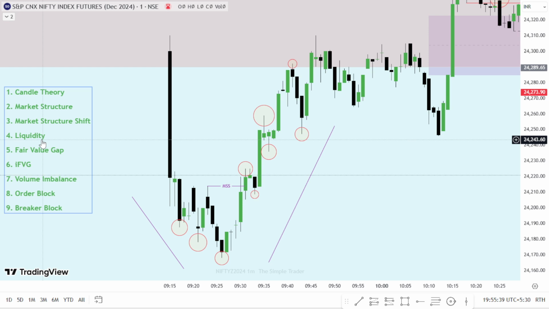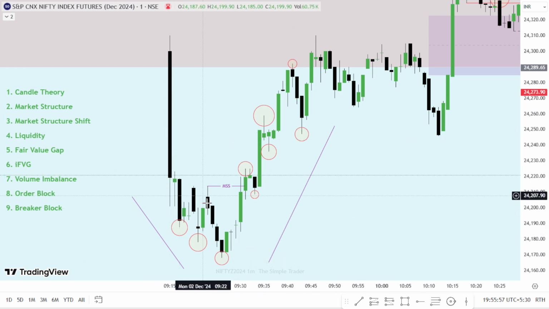So these are areas where most traders place their stop losses. According to ICT concepts, the algorithm that is working in the market moves price to hunt these liquidities. While coming down, there were these liquidities.